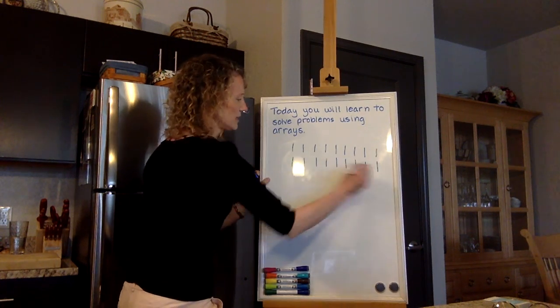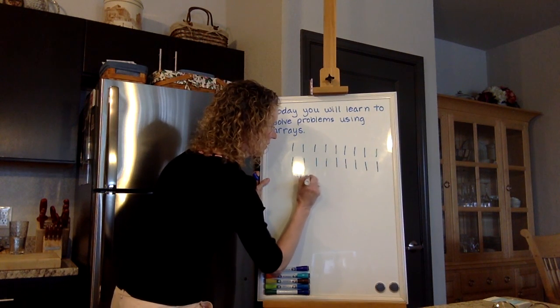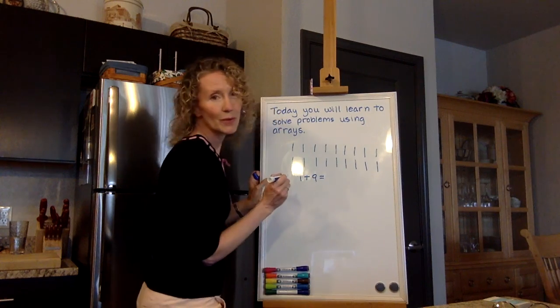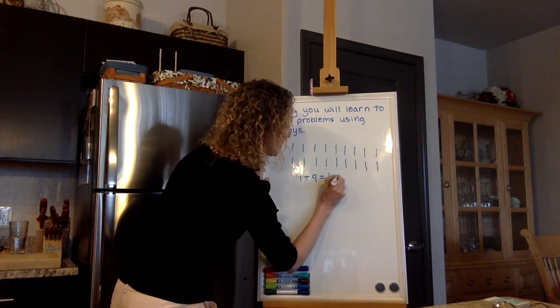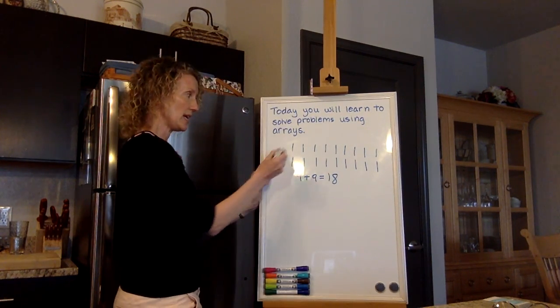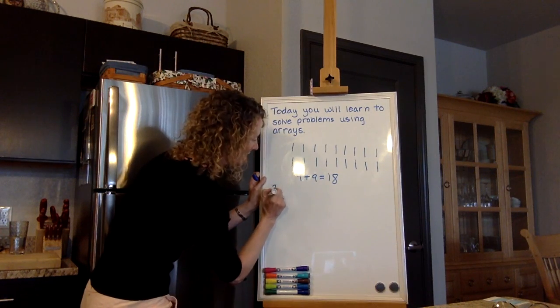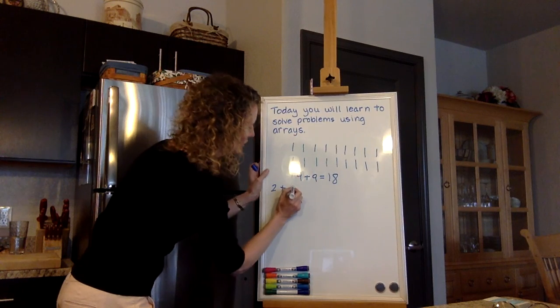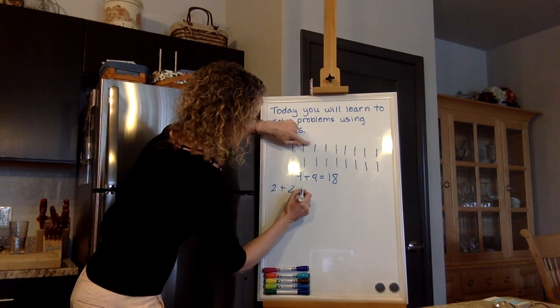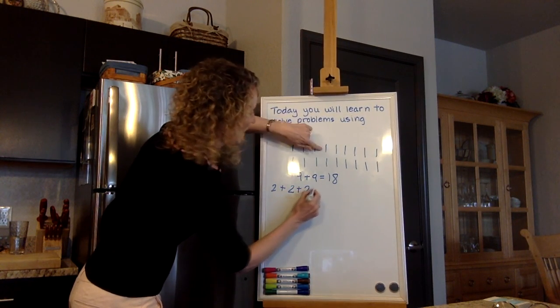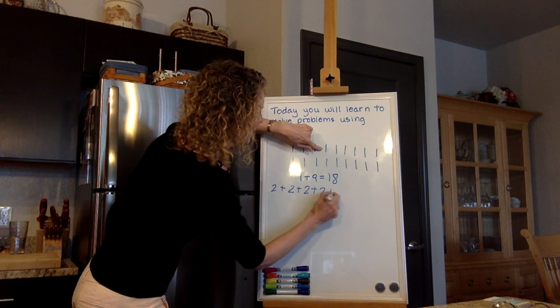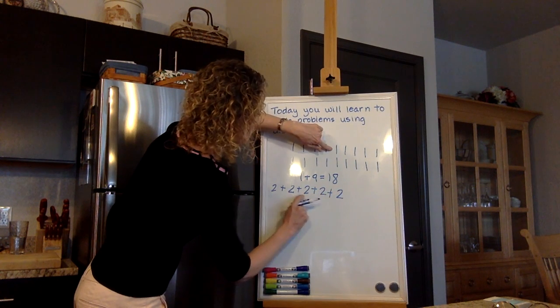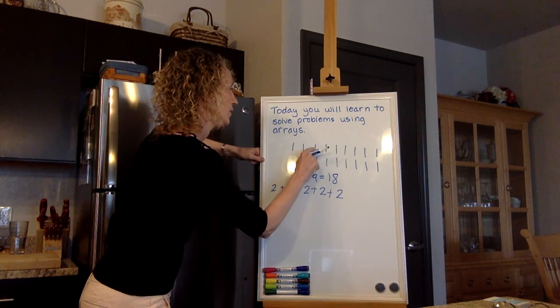So 9 plus 9 equals, you know that one, 18. Then the other way is 2 plus 2 plus 2 more plus 2 more plus 2 more. 1, 2, 3, 4, 5.